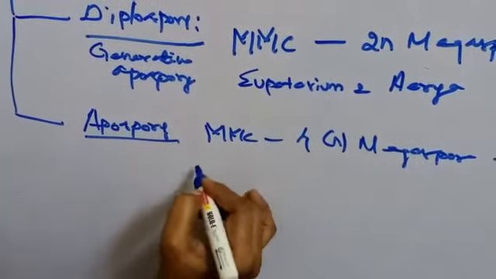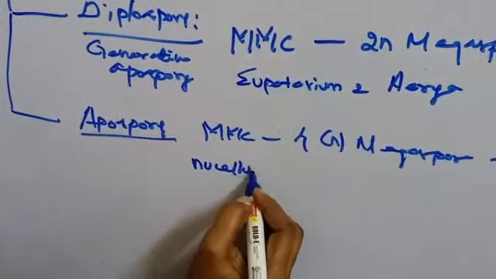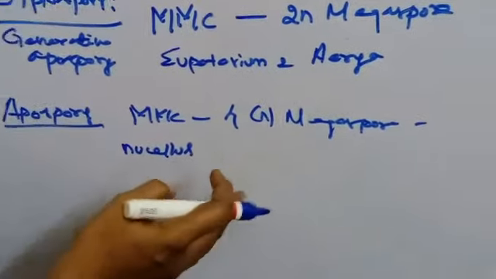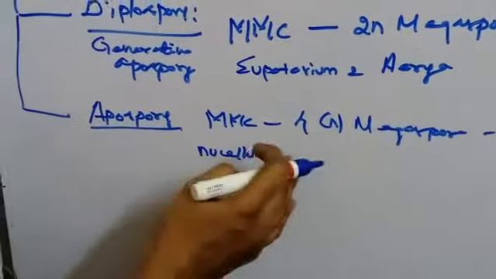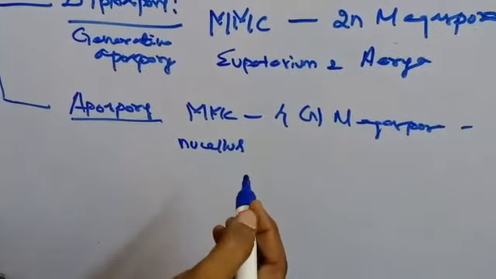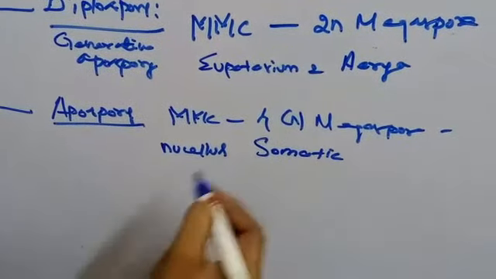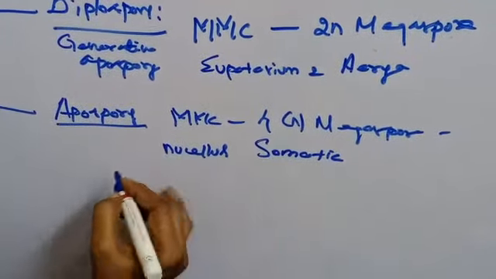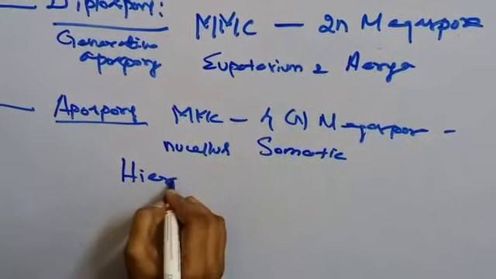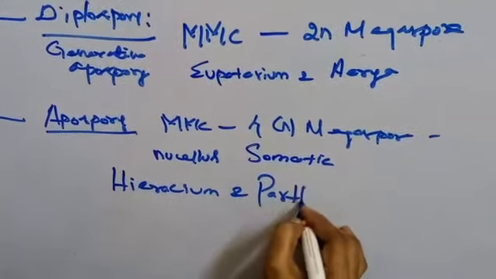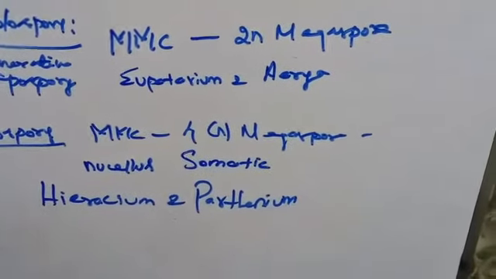It develops from the nucellus. This is called apospory. The other name for apospory is somatic apospory. Examples are Hieracium and Parthenium.